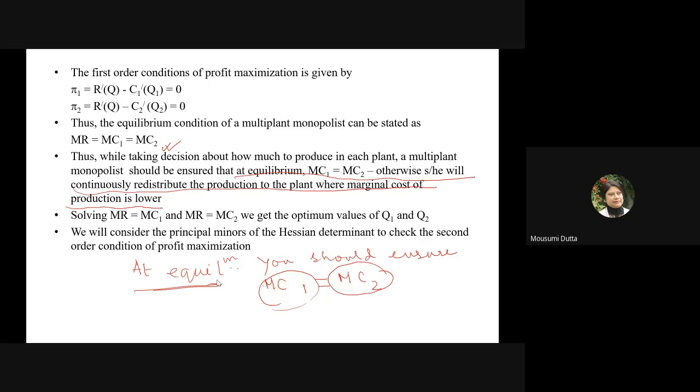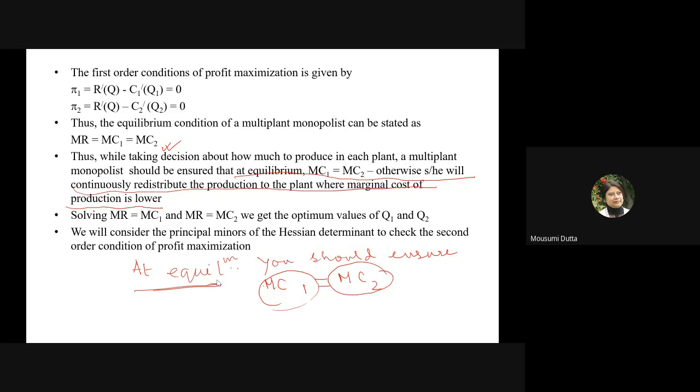To be at equilibrium, you need to ensure that at this juncture, the incremental cost of one plant is equal to the incremental cost of the other plant. Okay? So this point is important. At equilibrium, we should have MC1 is equal to MC2. Otherwise, the producer will continuously redistribute its output to the plant where the incremental cost is lesser.